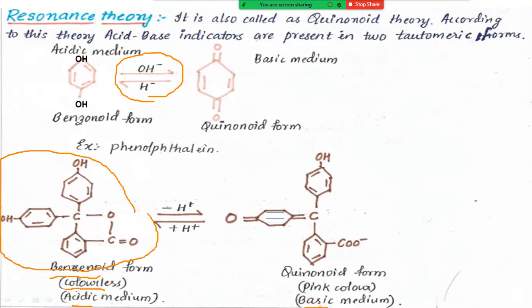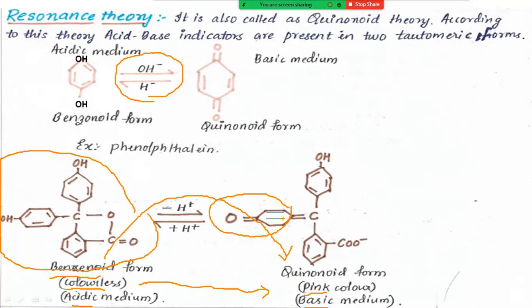When it gets the basic medium, the benzenoid form gets converted into the quinoid form. So this is the quinoid form, right? When it is converted to the quinoid form, the colorless compound is converted into a pink compound.